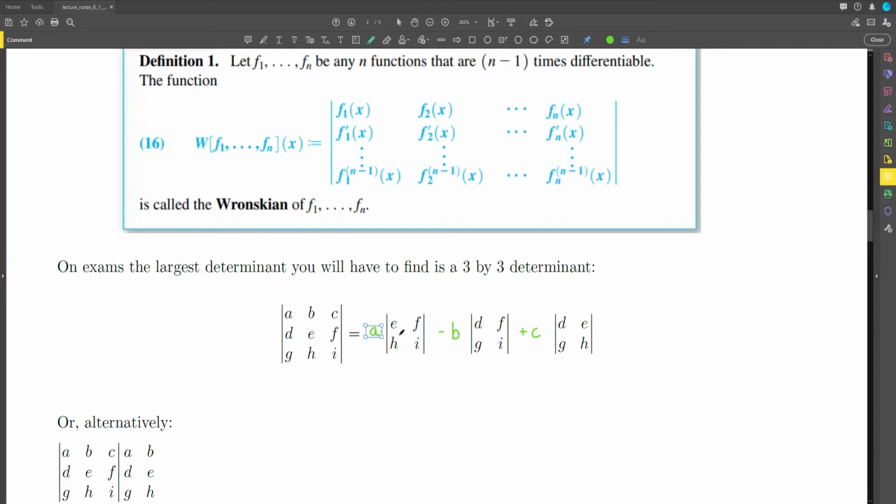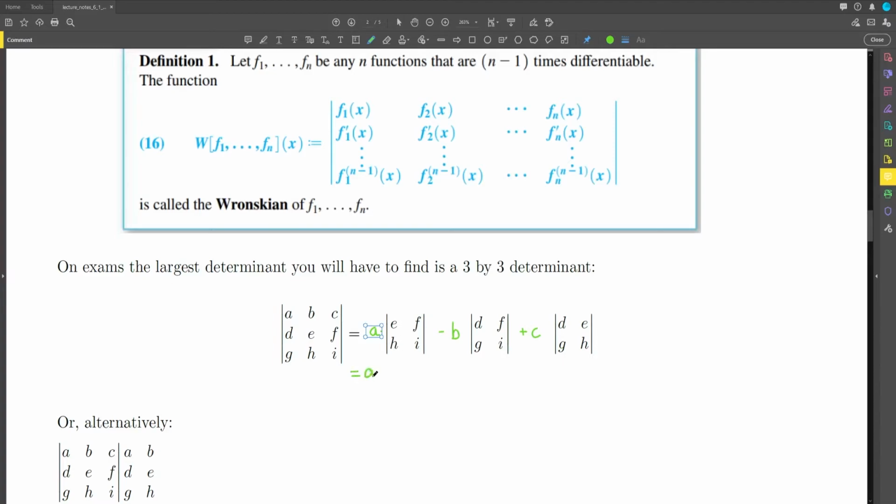And now for the determinant of a 2 by 2 matrix, what we do is we multiply these diagonal elements, and then we multiply these elements here and subtract that from each other.